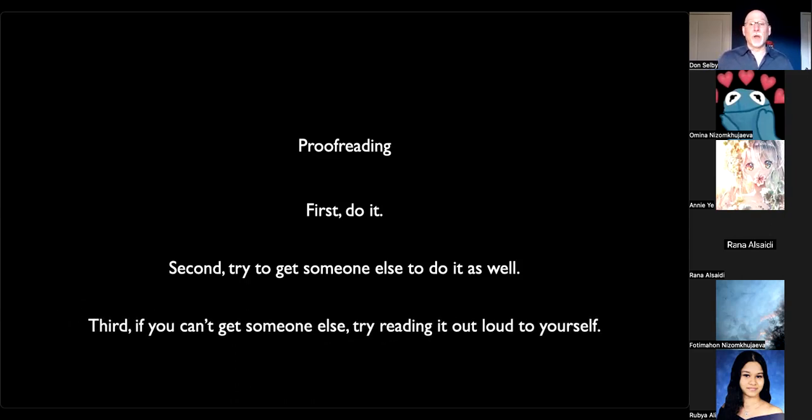Okay, but sometimes you don't have someone on hand who can do that work for you. And so one possible solution for this, a solution that's better than reading it quietly to yourself, is to read your paper out loud to yourself. Now, I've done this, and certainly it brings things out, right?